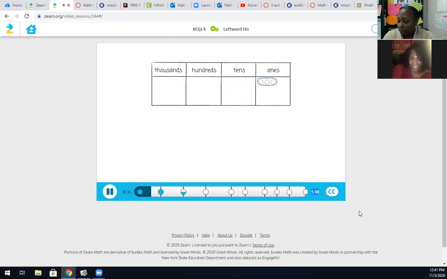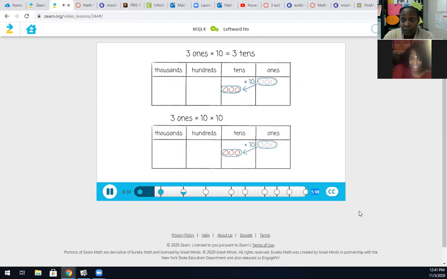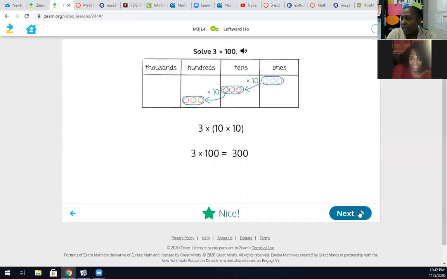Right. I'll draw this arrow to show that I multiplied the 3 ones by 10. And if I want to multiply that by 10, I can move them 1 more place over into the hundreds and get 3 hundreds. What did we multiply 3 ones by to get 3 hundreds?